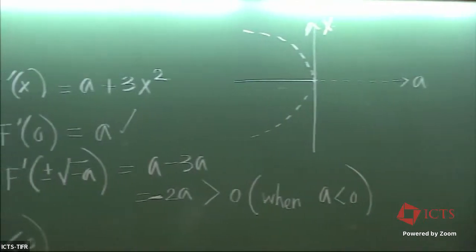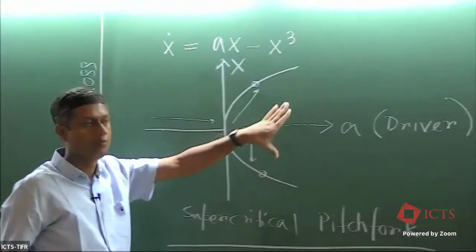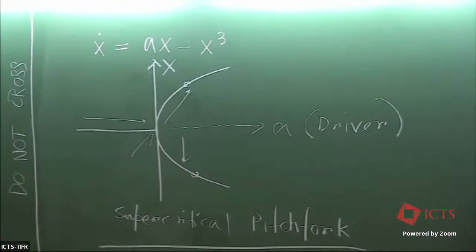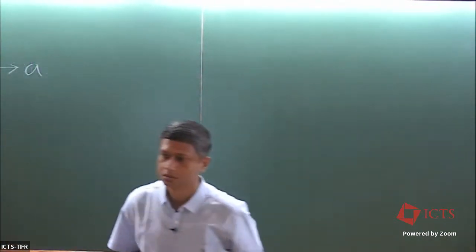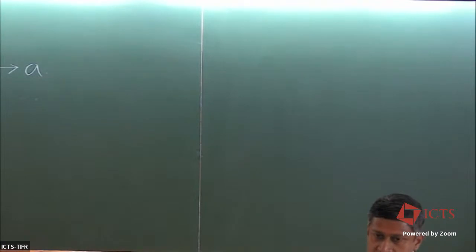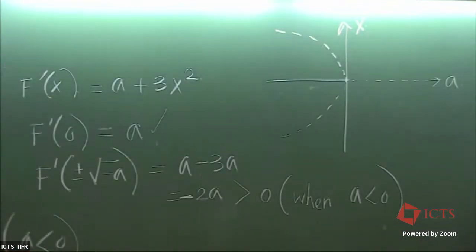So there, if I gradually vary my a, after I cross the bifurcation point, I have an attractor. But there, if I vary it, I do not have an attractor. Right? So that's why I want to confine myself mostly to the supercritical one.